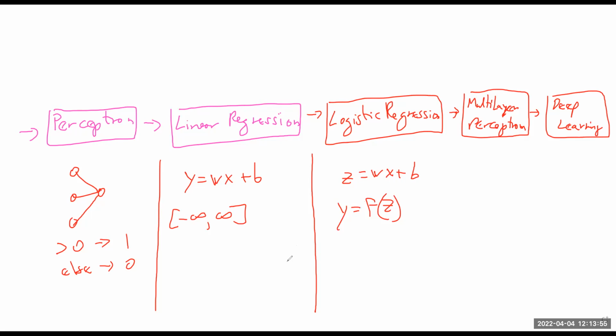The mapping here happens so that the values go from 0 to 1 instead of from -infinity to infinity. So it's been narrowed down. And this really becomes like this idea of a probability. How likely is it to be this thing versus that thing? If it's 0, then it's low probability. If it's 1, it's high probability. That's kind of what we're going to try to teach our machine here.